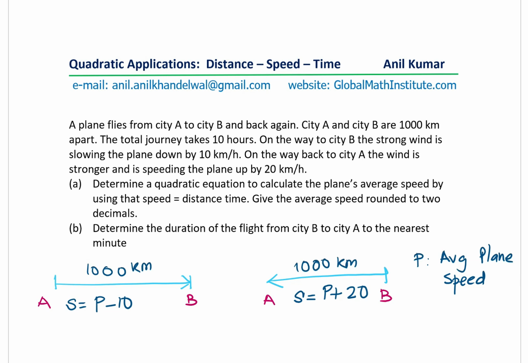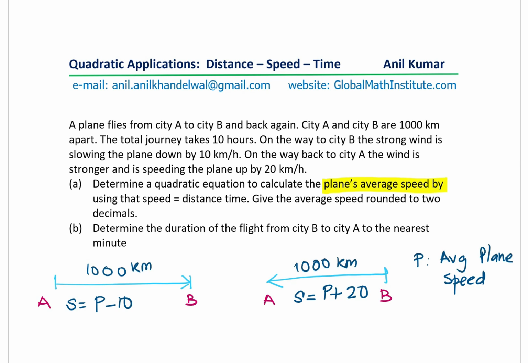Now, one reason to take p as your variable is that in part A, it says determine a quadratic equation to calculate the plane's average speed. So that means we definitely have to define this variable. Then the second part is to determine the duration of time.